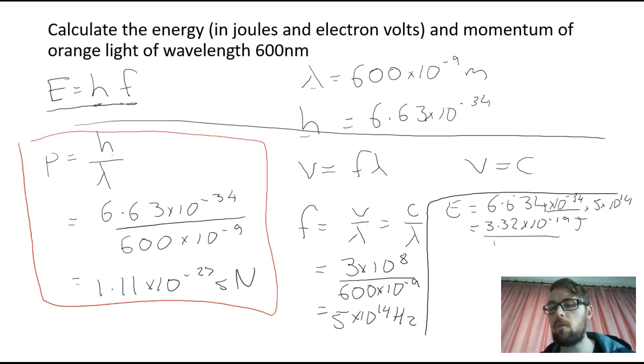Now, if I divide that by 1.6 by 10 to the negative 19, I'll get my answer in electron volts. So either 3.32 by 10 to the negative 19 joules or 2.078 electron volts. All right, so that's basically how we use those two equations, and hopefully we can have a go at those now.